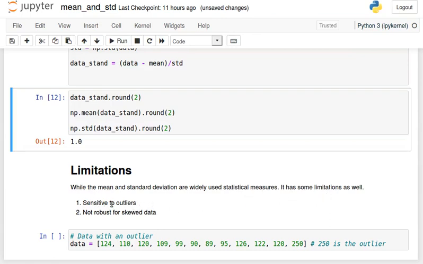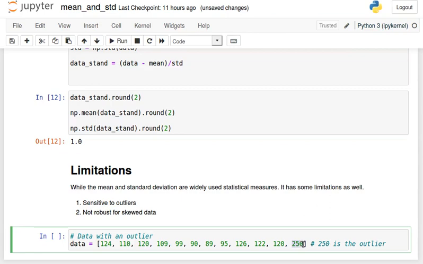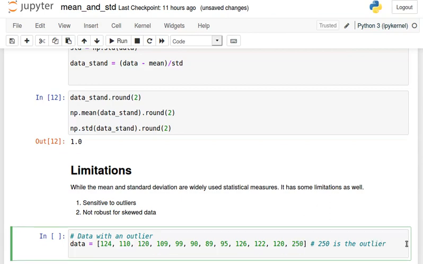Mean and standard deviation are sensitive to outliers, and they are not robust for skewed data. So let's have an example where we have an outlier. This is the outlier, 250. So let's calculate the mean. We have just added this. We will see the effect of adding an outlier on our result.